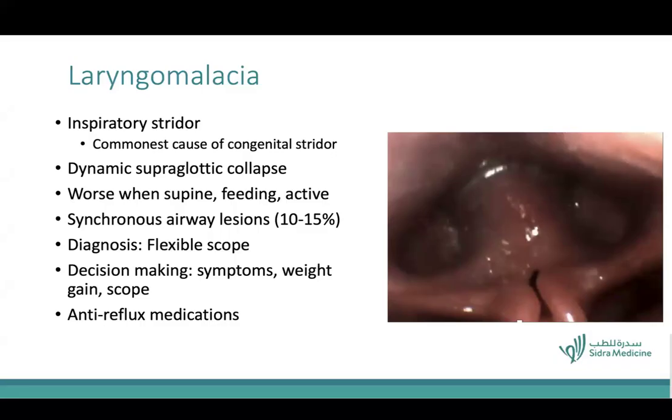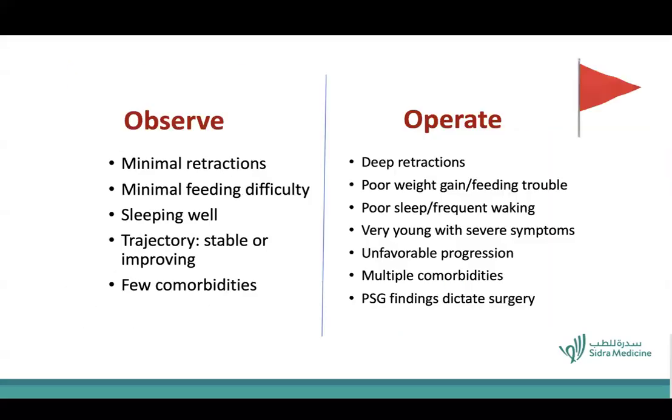And when you're deciding whether to watch, give medication, or do surgery, it's based on the symptoms, the weight gain of these patients, and the appearance on flexible laryngoscopy. For kids that have minimal retractions, minimal difficulty feeding, are otherwise sleeping well with no apneas, whose trajectory is either stable or improving and who have few or no comorbidities, it's acceptable to actively observe.